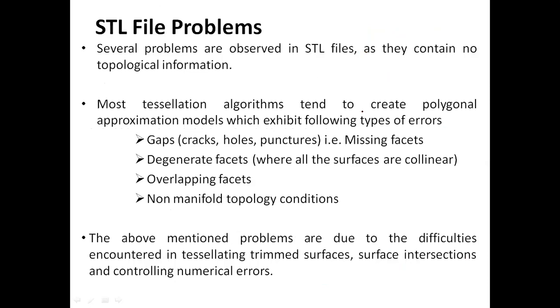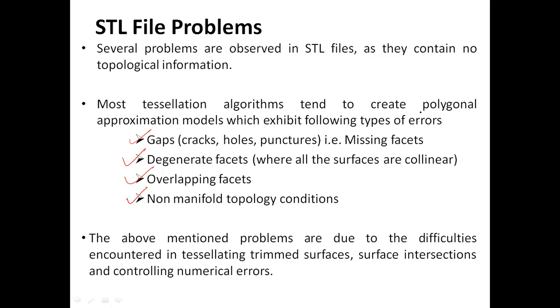So what are the basic STL problems that you encounter? The basic STL problems are these four types: there are gaps, then there is degeneracy, then there are overlappings, and then non-manifold topology conditions.